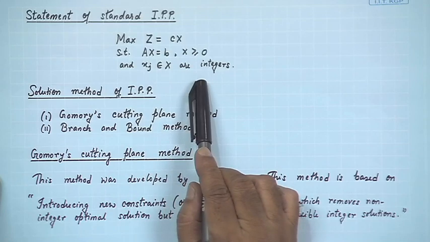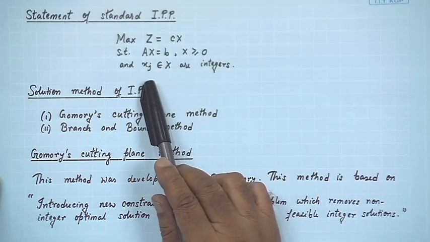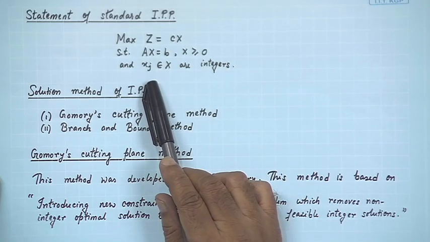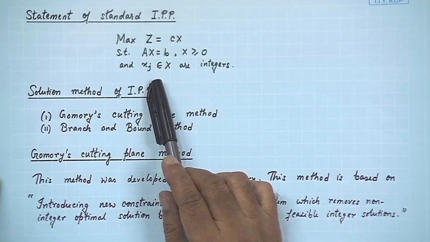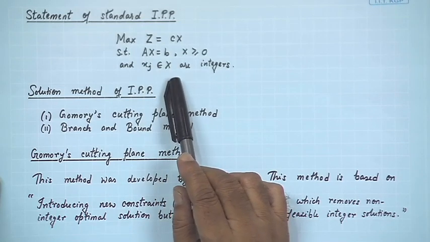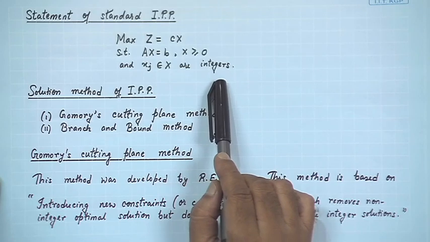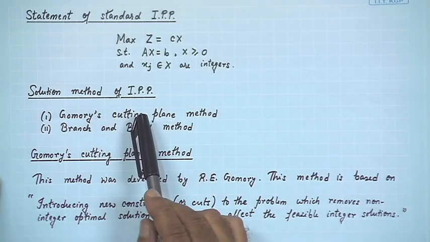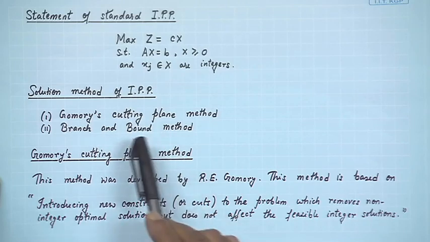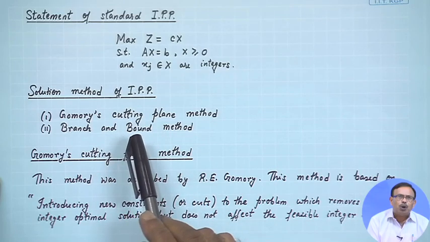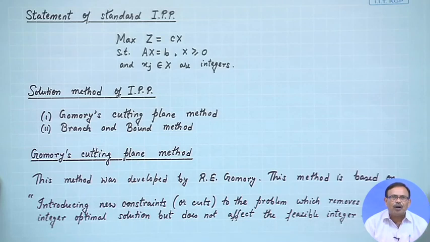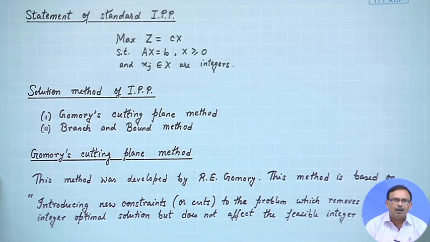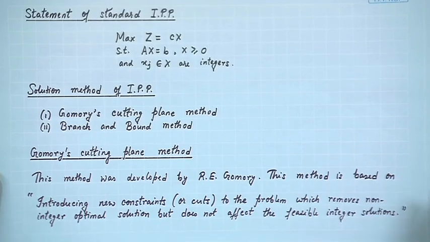Please note, x is greater than or equal to 0, but we are imposing one additional condition, that xj belongs to some set X which are integers. Now, the solution methodology for the integer programming problem: basically, we use two approaches. One is Gomory's cutting plane method and another one is the branch and bound method.